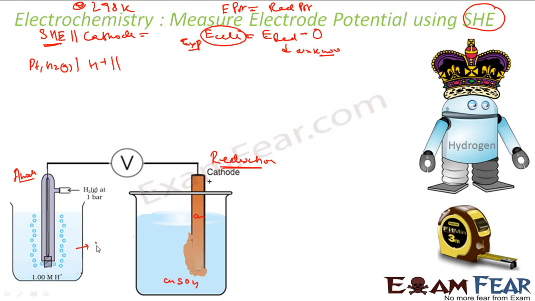This H plus is my electrolyte here, HCl or H plus, 1 mole. And then I have a copper sulfate solution. This Cu2 plus is my electrolyte here, and I get copper as the output. This is my whole cell representation, and both H plus and Cu2 plus are 1 M, because I'm talking about standard conditions, all 1 M.